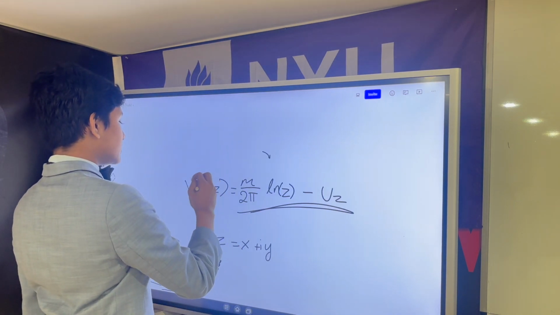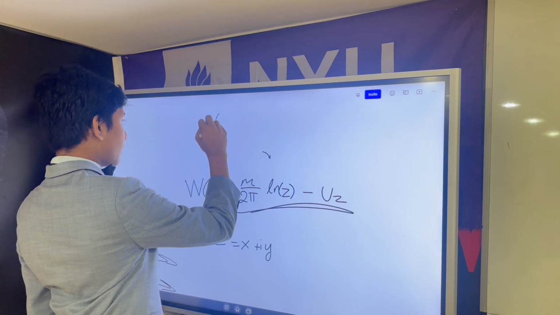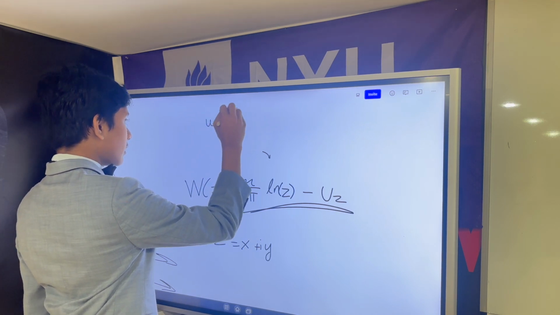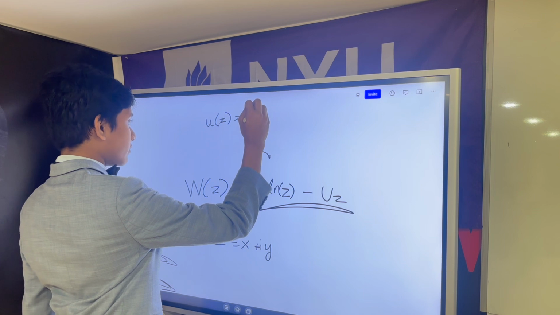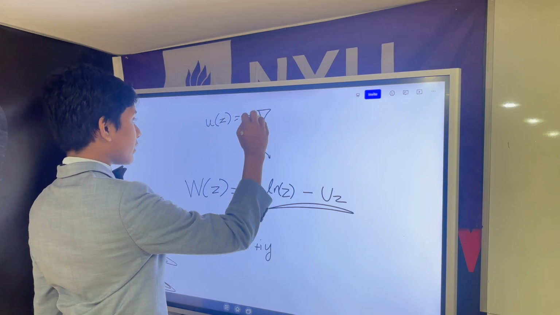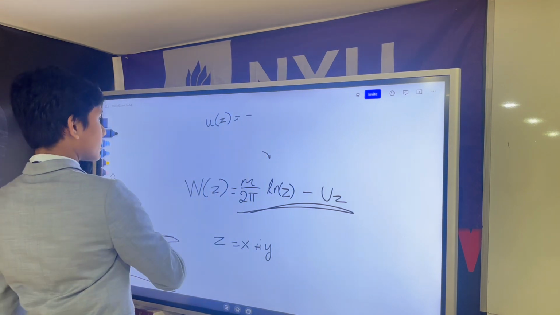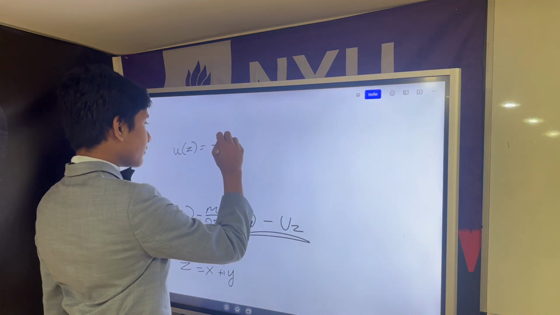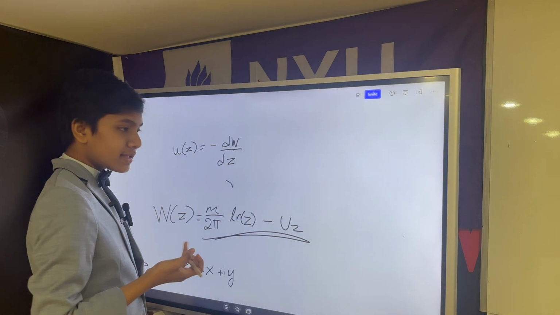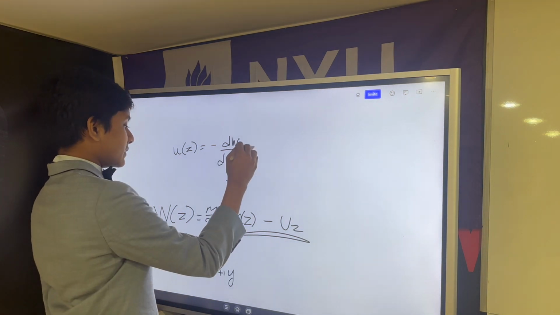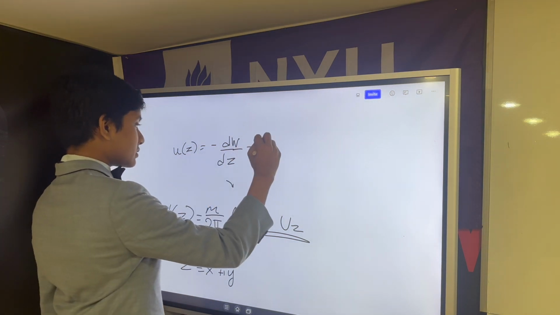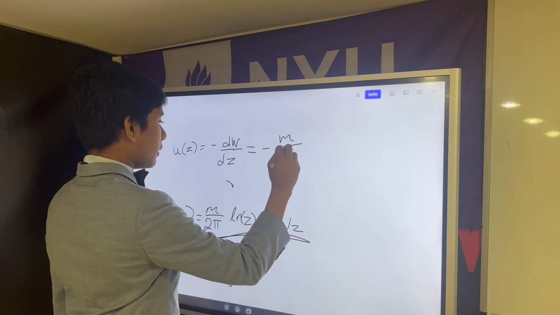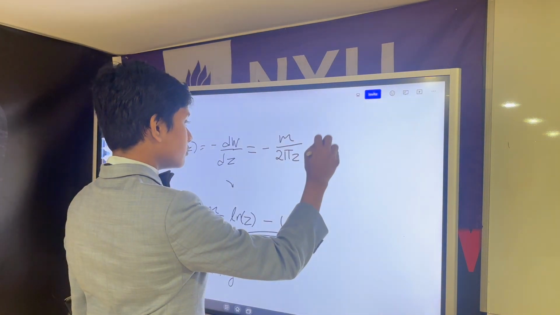Now, what happens if we try to find u of z? Well, that's just the negative, usually it would be the negative gradient, but here, since we're dealing with one variable, it's just the negative derivative of w. That's one of the many things that complex coordinates makes easier. So that's just minus m over 2 pi z plus u.